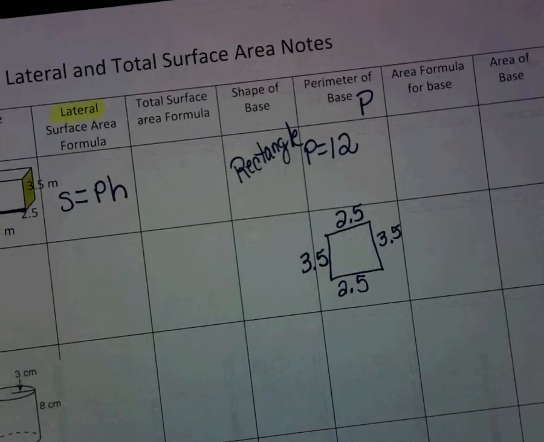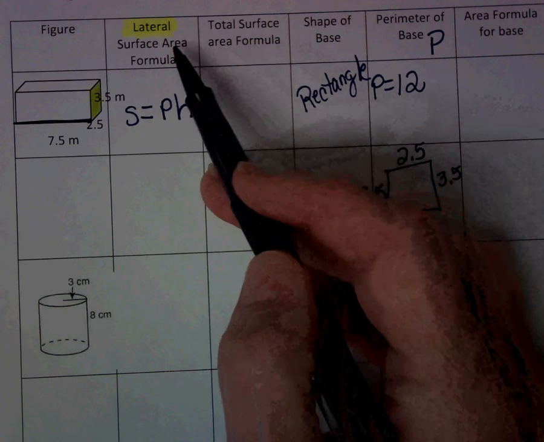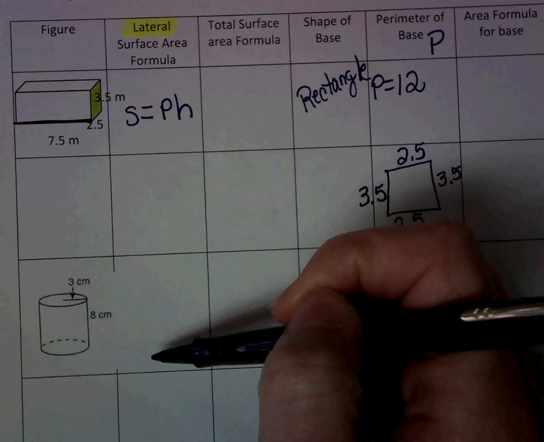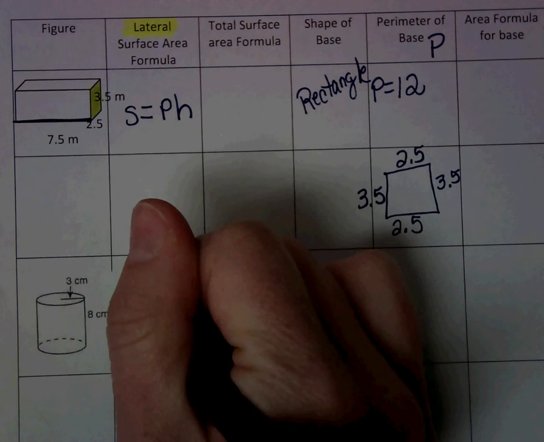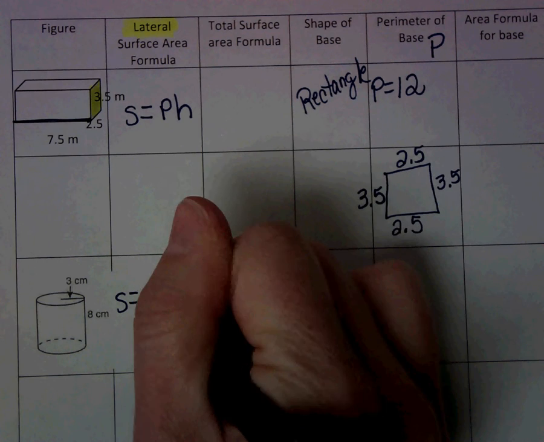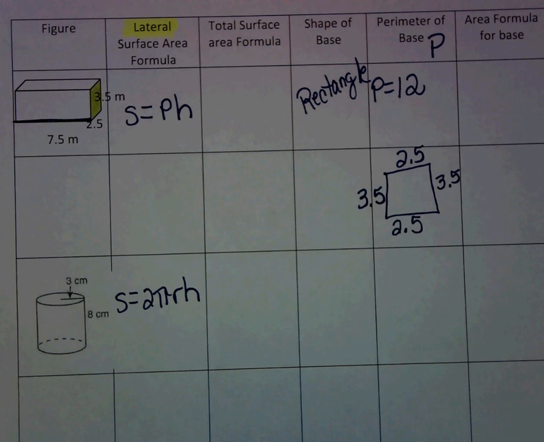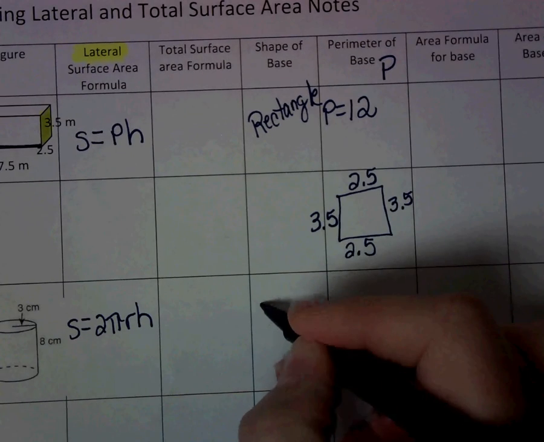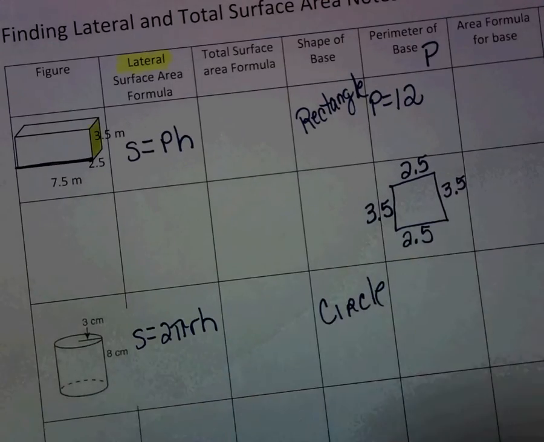Okay, let's look at our cylinder. Again, find cylinder on your surface area chart. Find where it says lateral. It says S equals 2 pi RH. Nice and easy. Just so we know, our base is a circle. I think we should go ahead and highlight our base.